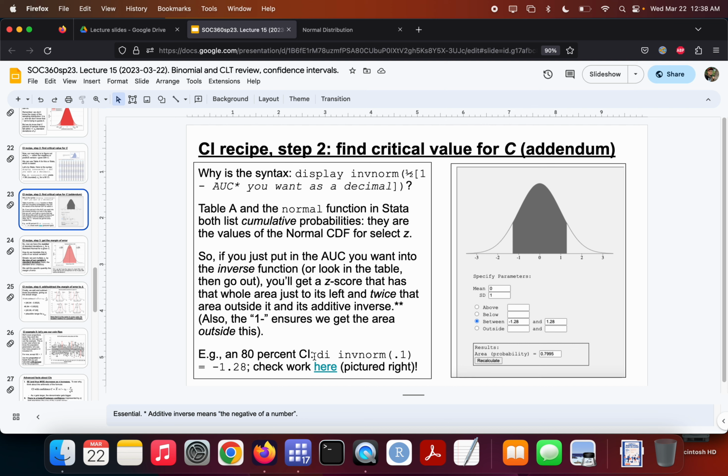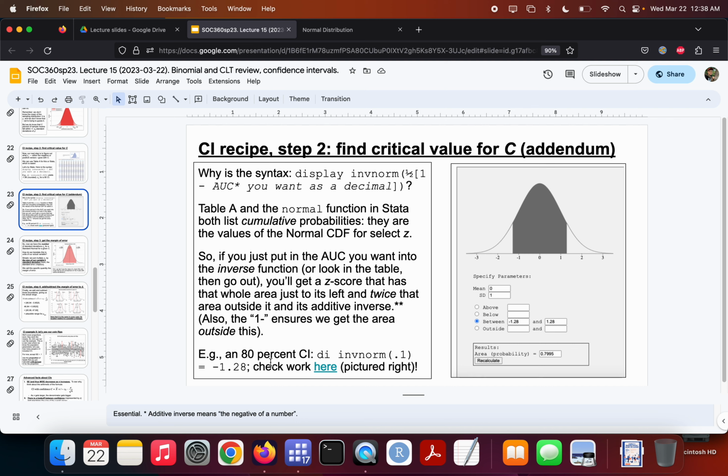So here's another example. An 80% CI comes from display invnorm 0.1, and we can see that this checks out here. So why is it 0.1 for an 80% confidence interval? Well, we want a z-score that's got 20% outside of it.